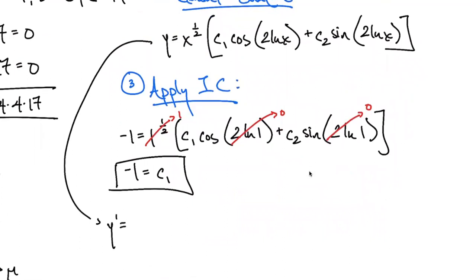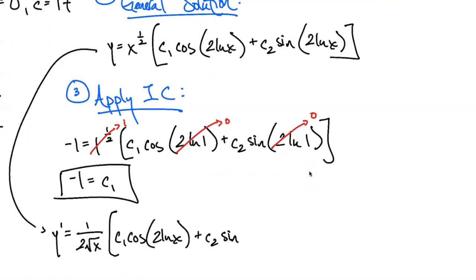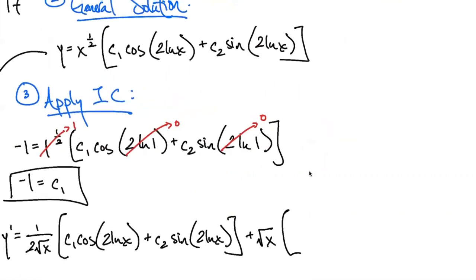All right. I'm going to go ahead and use product rule here. All right. So my first x to the 1/2, that'll be 1 over 2 root x times that whole clump plus square root of x times the derivative of the inside.